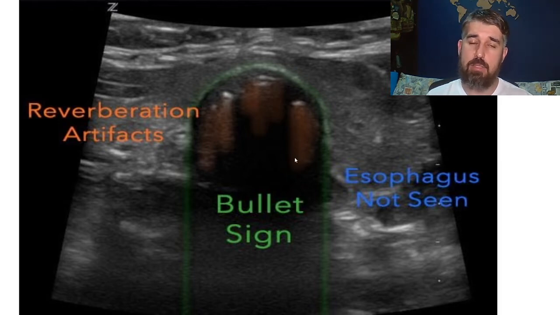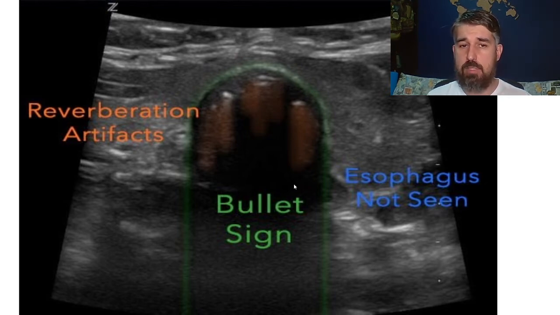This is the bullet sign. You know, everything in radiology, they tend to see things because they're very creative, and I think the radiologists get a bit lonely in their dark corners, so they tend to see a lot of things in these images, but they see a bullet here.